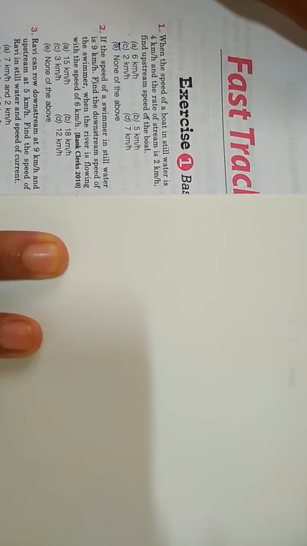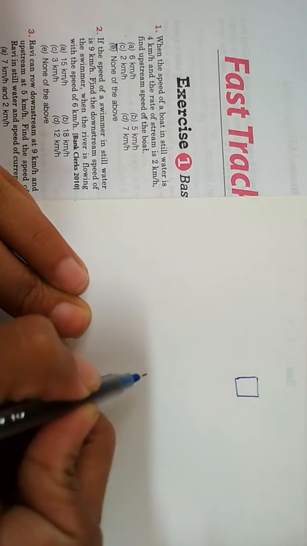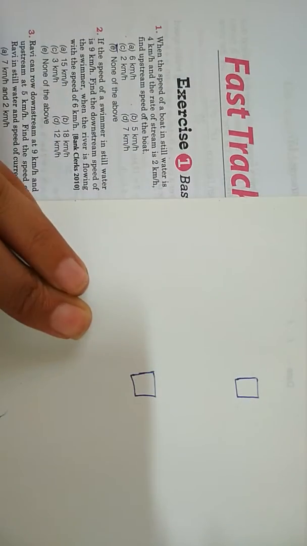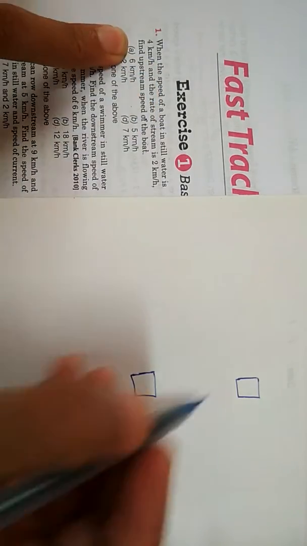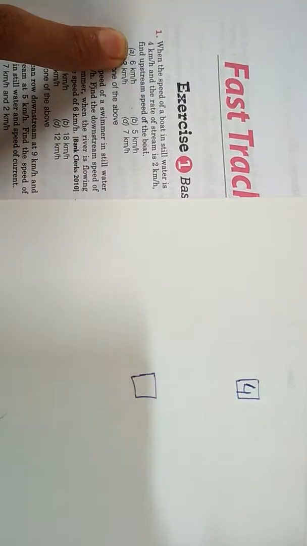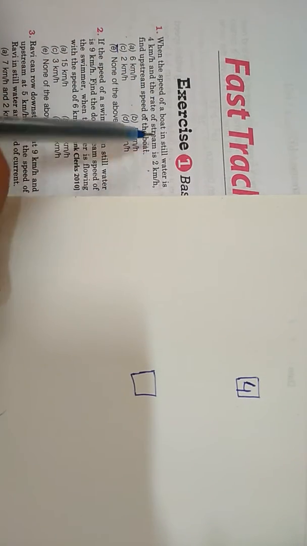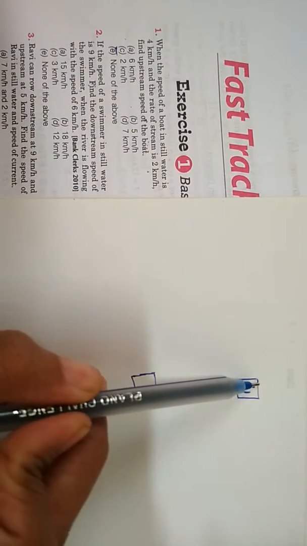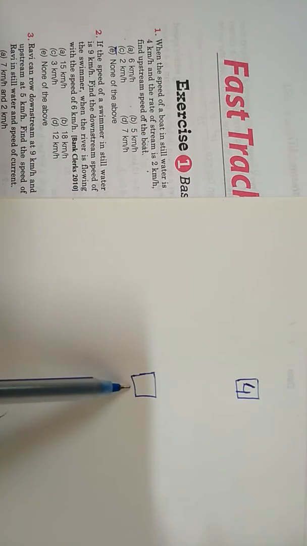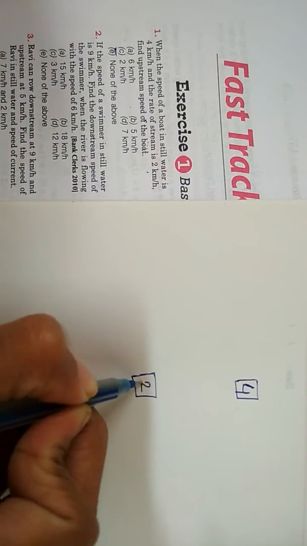Boat always resides at the top and bottom is river. So the boat is 4 and the rate of stream is 2. Stream means river. If this is boat, obviously this is river. What is its speed? Its speed is 2. So here will be 2.